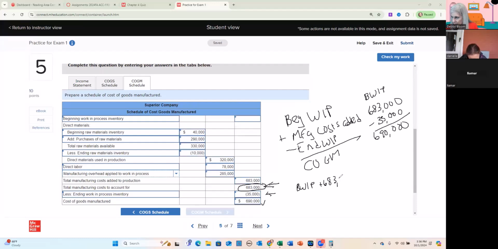Writing that out, beginning work in process plus 683,000 minus 35,000 equals 690,000. That looks like a Z instead of an equal sign, sorry. It's not that easy to write with this thing. So beginning work in process would have to equal 690,000, add 35,000, and subtract 683,000, just by algebra.